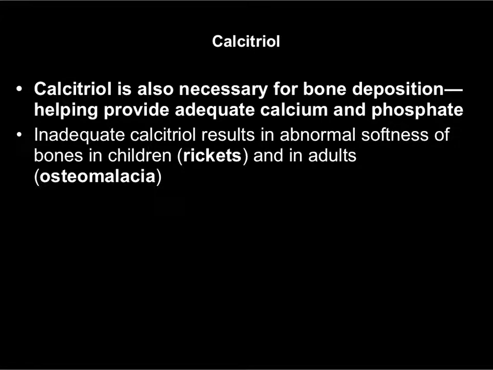If you're a child, you need to have a bunch of calcium because you're making a lot of new bone. And not only that, but you need to be able to absorb that calcium. You can drink all the milk you want, and without calcitriol, it doesn't matter. You're just going to pass through. This is why vitamin D is fortified into milk. If you go to the store and you buy whole milk, it will probably say vitamin D fortified.